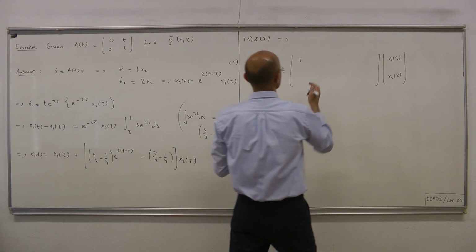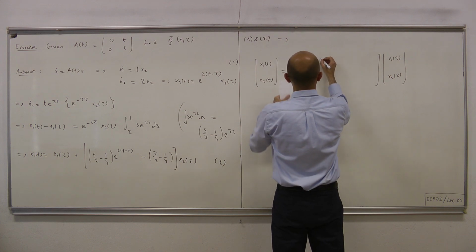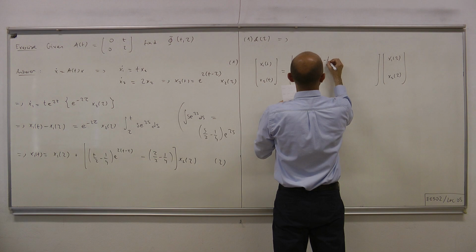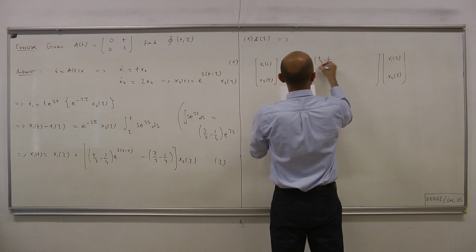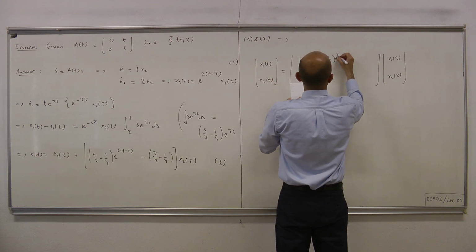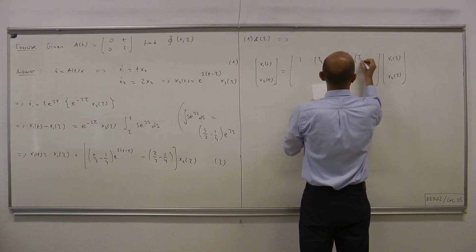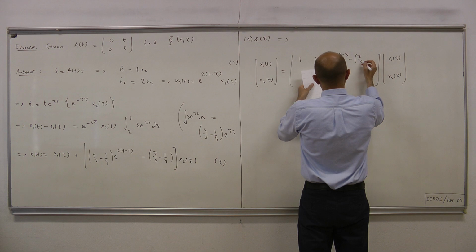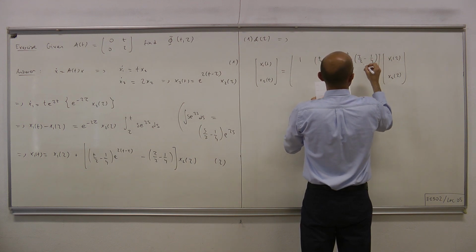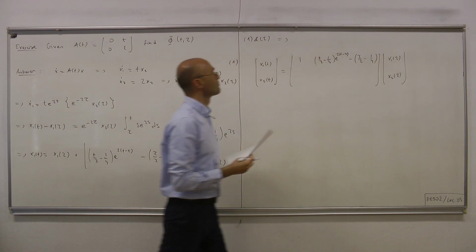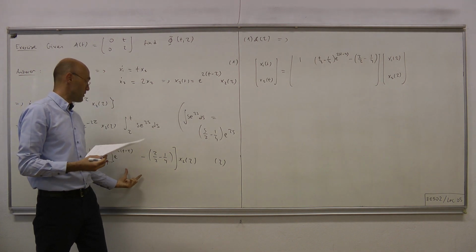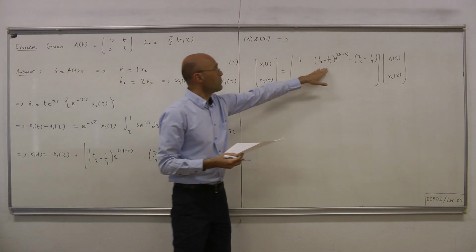So we rewrite it. It will be a little messy: t over 2 minus 1 over 4, times e to the 2(t minus tau), minus tau over 2 minus 1 over 4. This is the entry for this function.